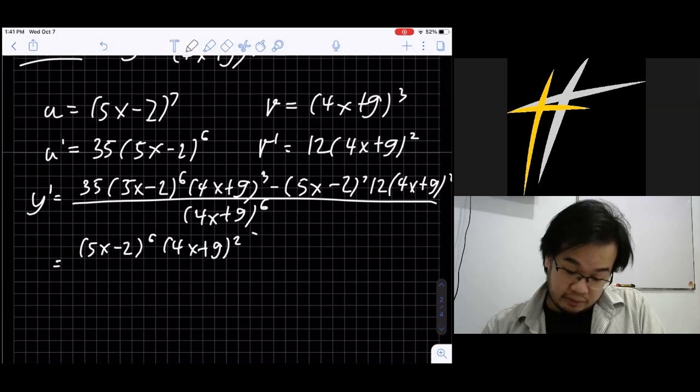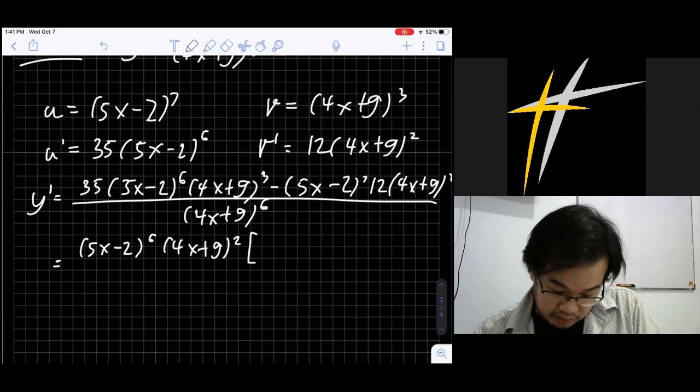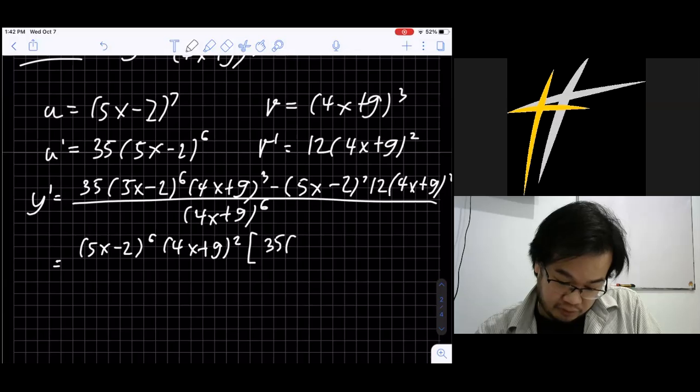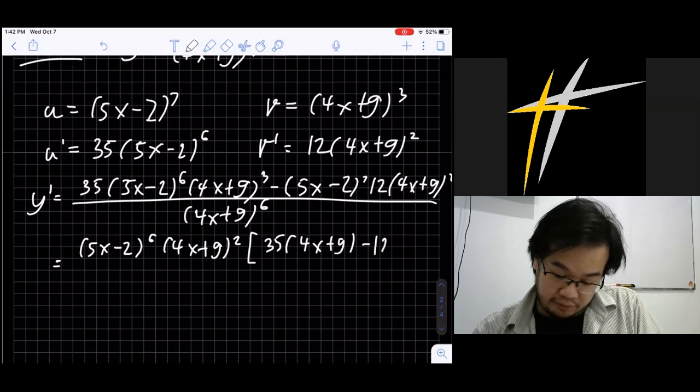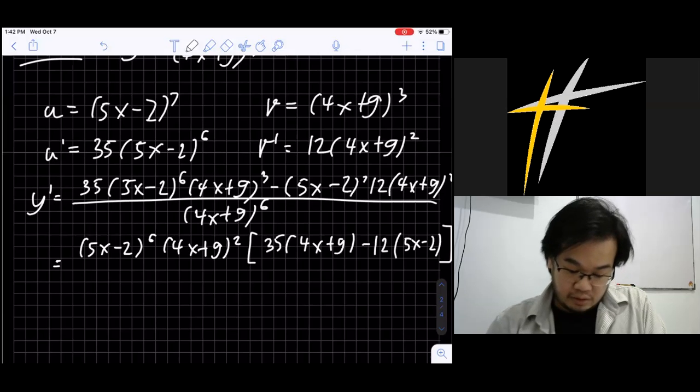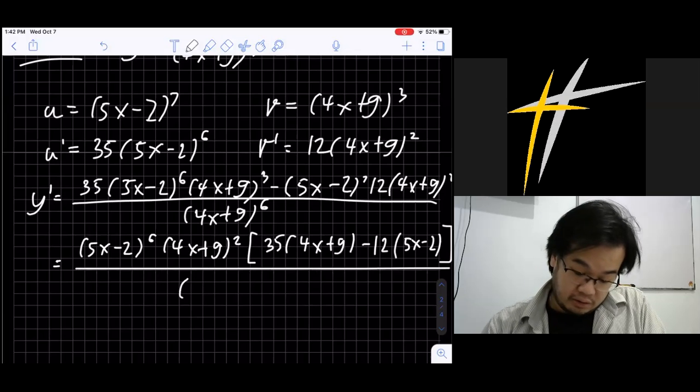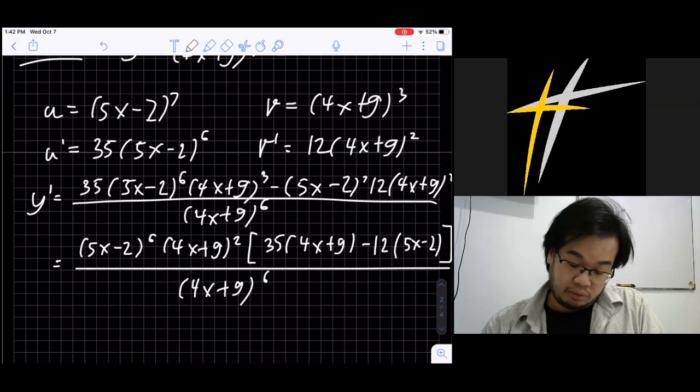And then the rest is 35 times (4x plus 9) minus 12 times (5x minus 2), divided by (4x plus 9) to the power of 6. This one we can cancel, and it becomes 4.